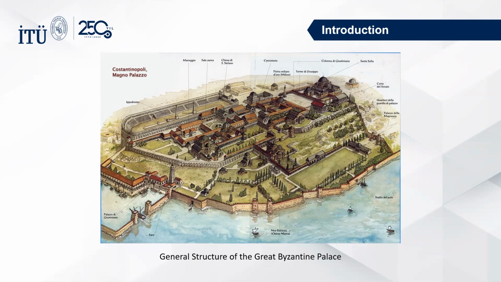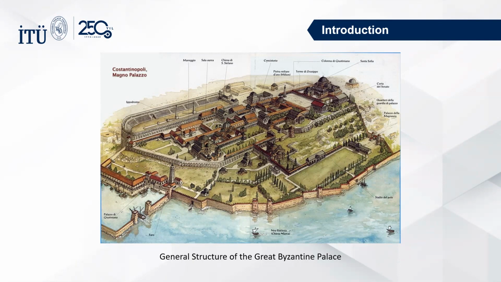However, its history was marked by challenges, including the Nika riots, which is some sort of rebellion, in 532, and after that, the Fourth Crusade badly damaged the Great Byzantine Palace and overall Constantinople.